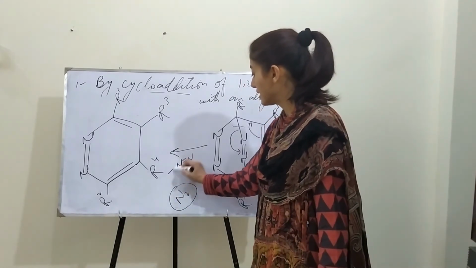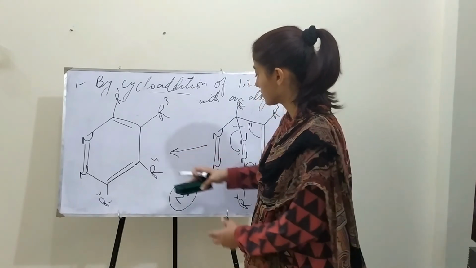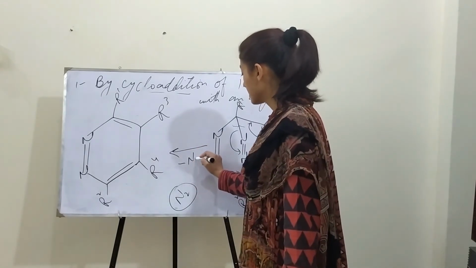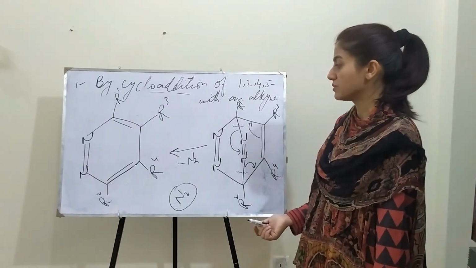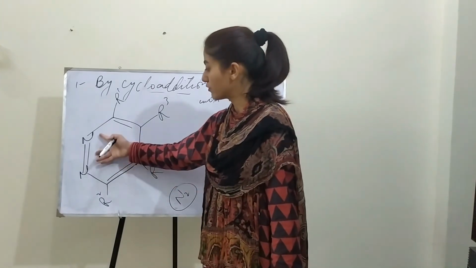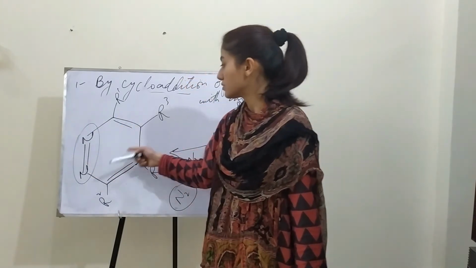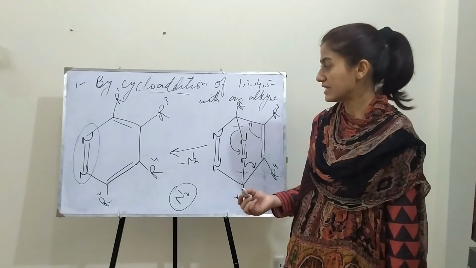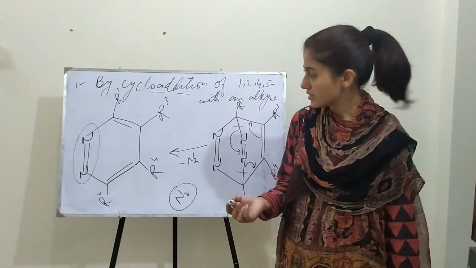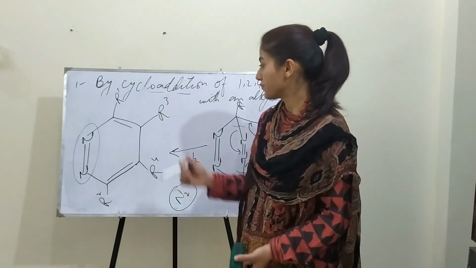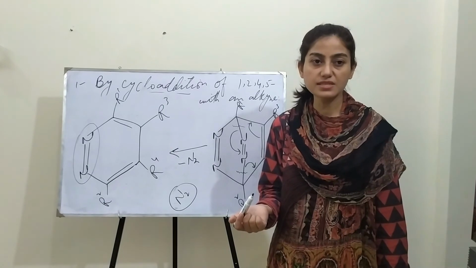So for the sake of simplicity we just write it like this, minus N2, that means the N2 has been eliminated from the reaction medium, and this is our final product. As these are at the 1,2 position, this compound is known as pyridazine or a pyridazine derivative. This is the first route of its synthesis.